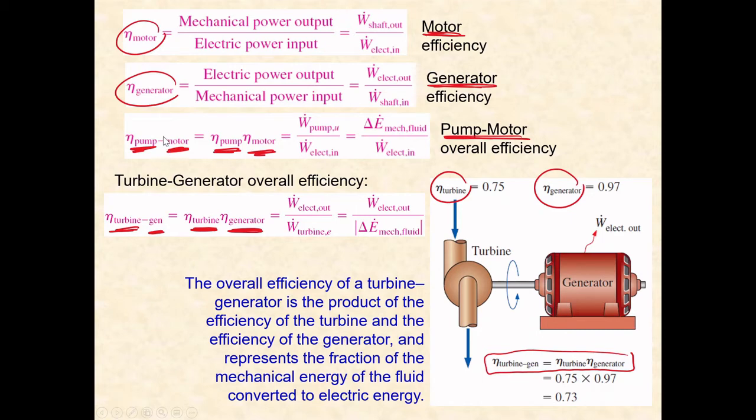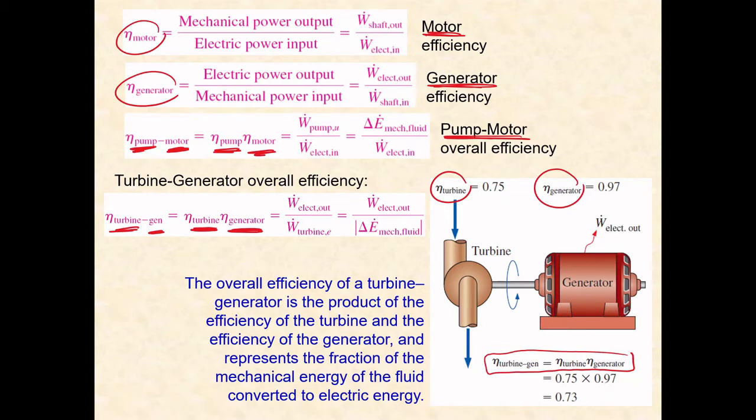And then the other one is the generator. We have generator efficiency. With a generator, let's say you get the energy from the water, and you convert the energy from the water into shaft work. Then from the shaft work you convert the energy into electricity.